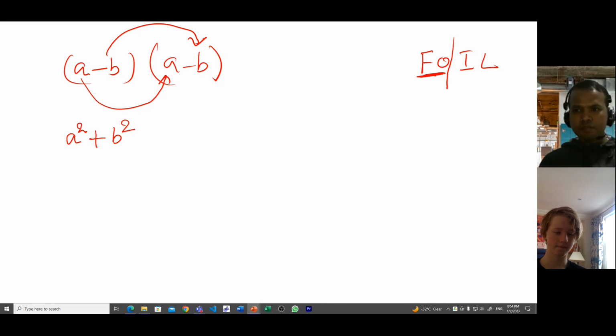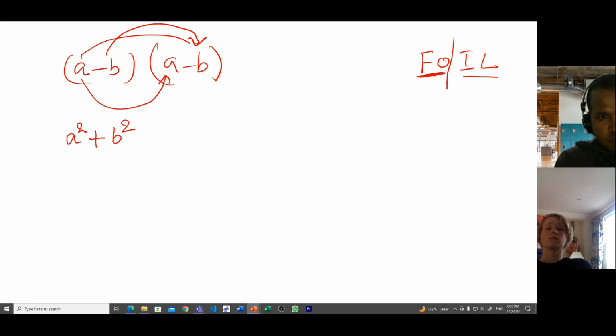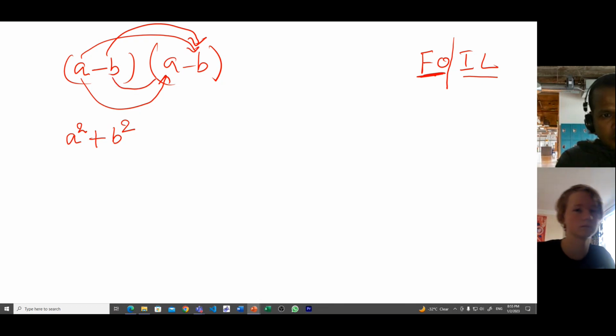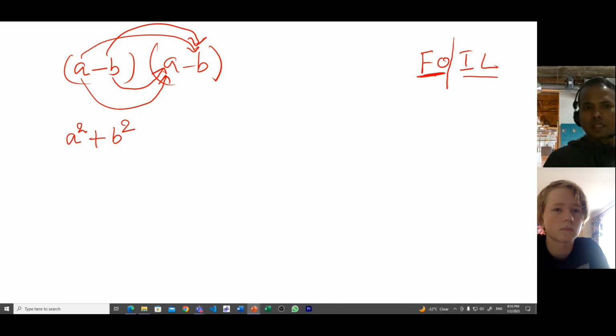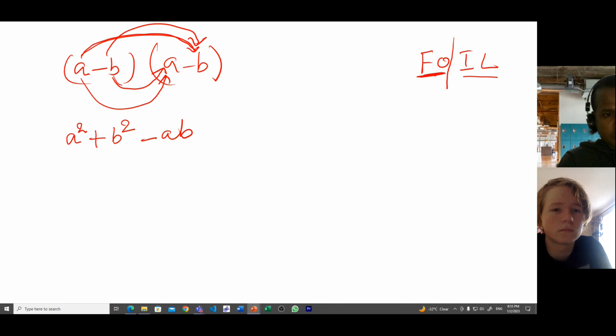Now we say inside, last. Since we have already completed the outside numbers, A with A and B with B, which are at the extreme positions, now we multiply this A with this B and this B with this A. Multiplying this A with this B, you got minus AB, and this B with this A, again minus AB.